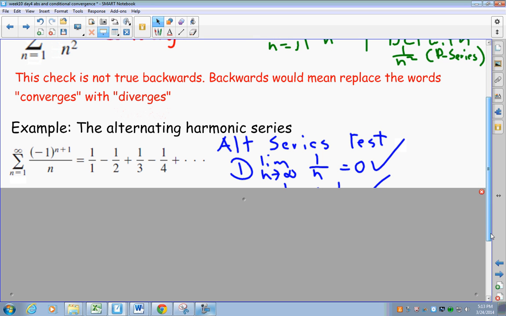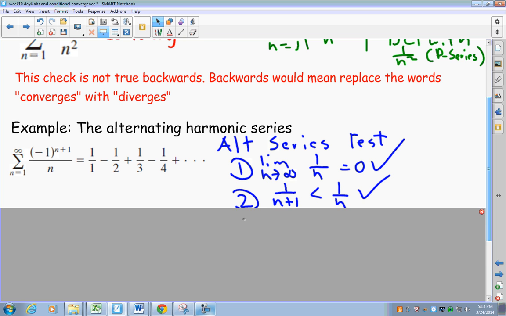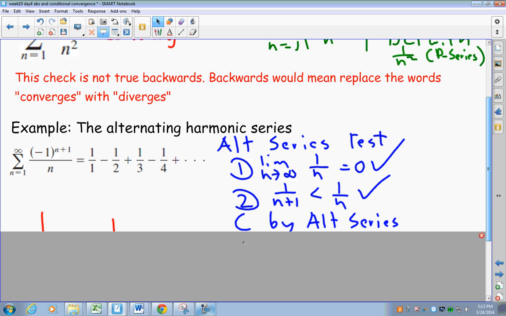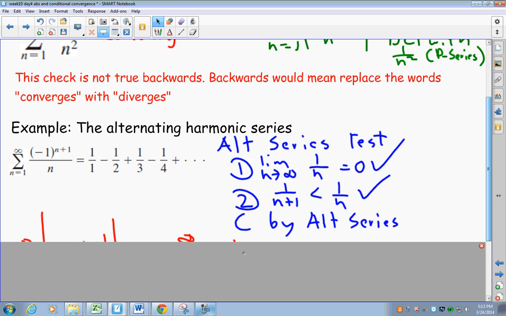Okay? The alternating harmonic series, so it alternates, the bottom increases by 1 each time. The limit of 1 over n goes to 0. And the next guy is always smaller than the previous guy. So we know for sure that that guy converges by the alternating series test. That's something that we would have done on Wednesday.